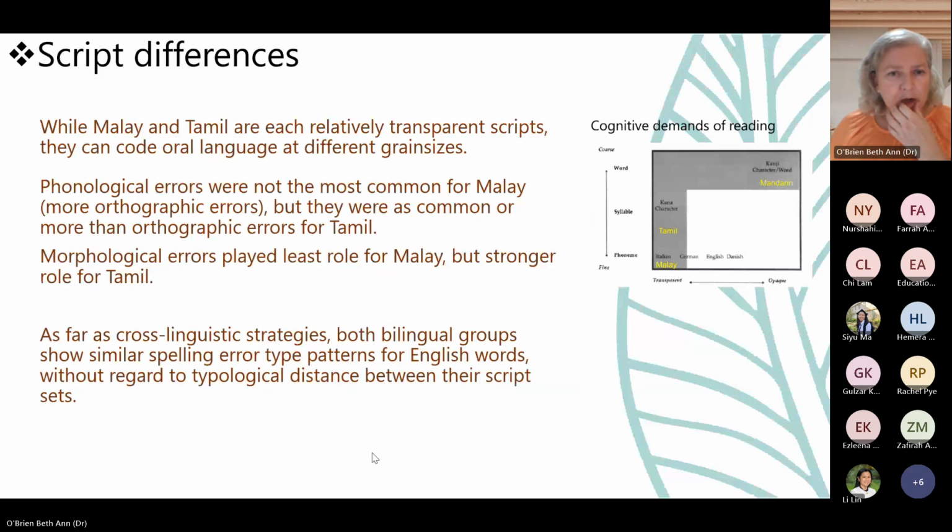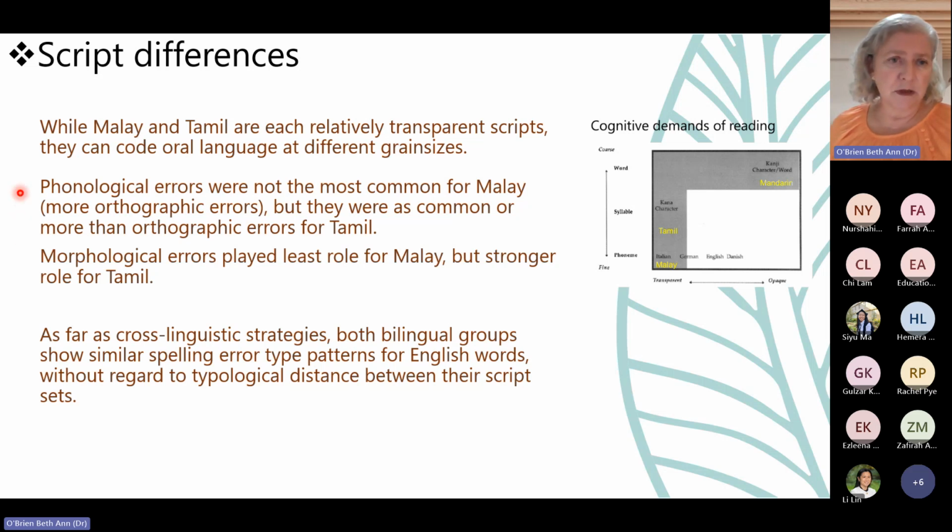So overall, the differences between our scripts, we find that Malay and Tamil are each relatively transparent scripts, and they can code oral language at different grain sizes. So this resulted perhaps in differences across the spelling error patterns for these two languages.